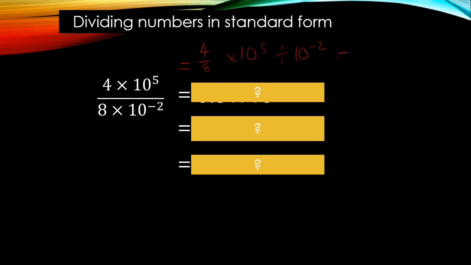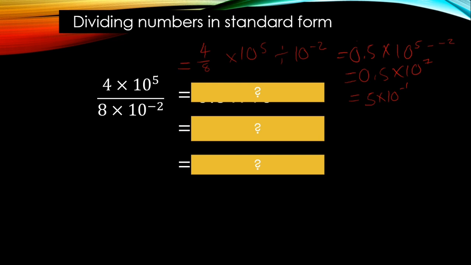For example, here 4 over 8 is the same as 0.5 times 10 to the power 5 minus 2. This is equal to 0.5 times 10 to the power 5 minus 2, which is the same as 5 plus 2, which is equal to 7. So this still is not yet in standard form. Why? Because the first number is less than 1. So we can rewrite this number as 5 times 10 to the power minus 1.